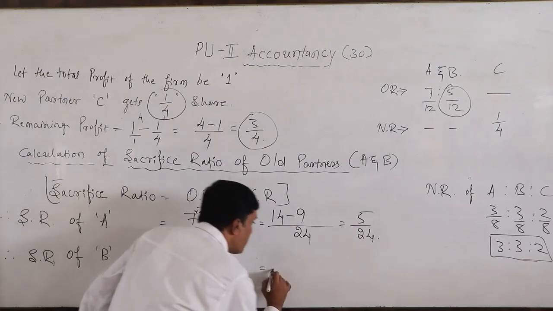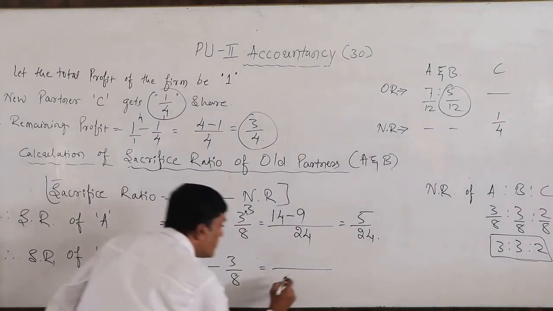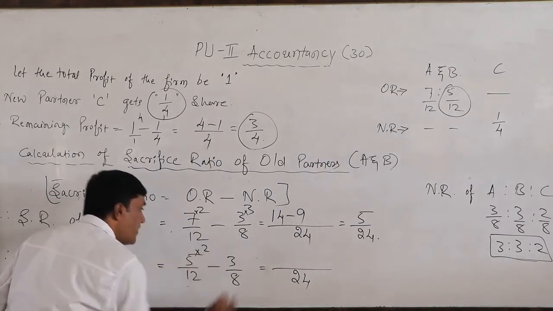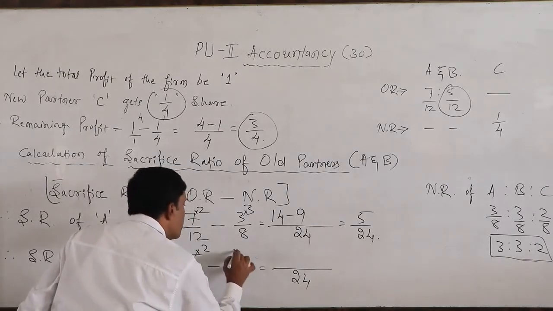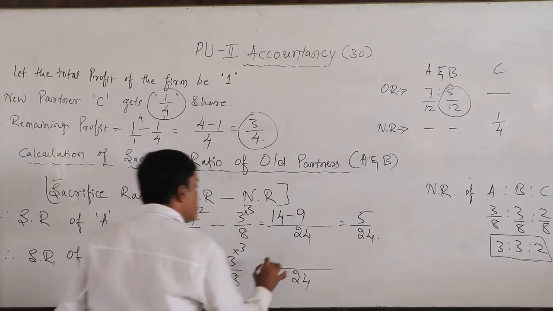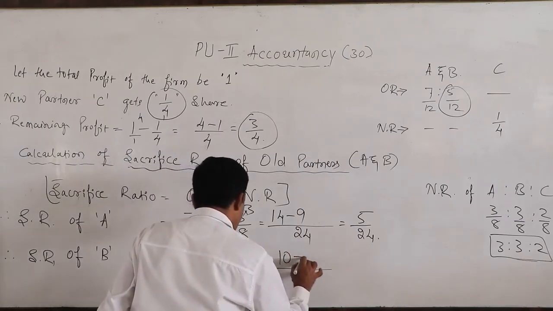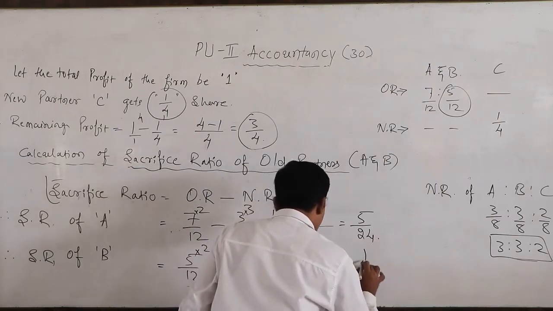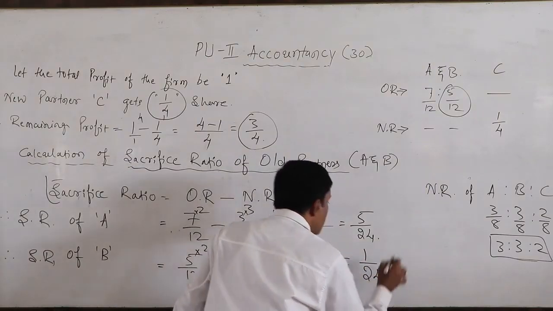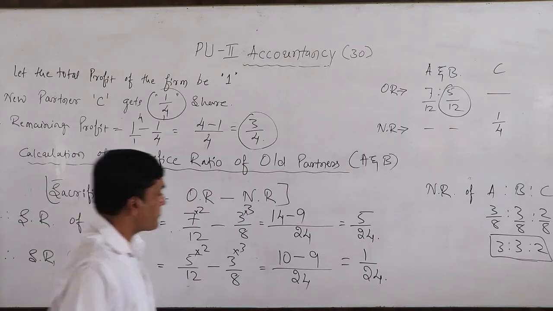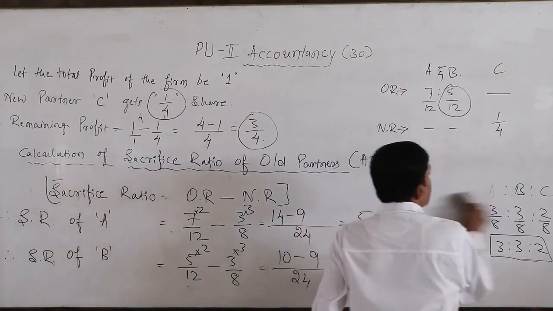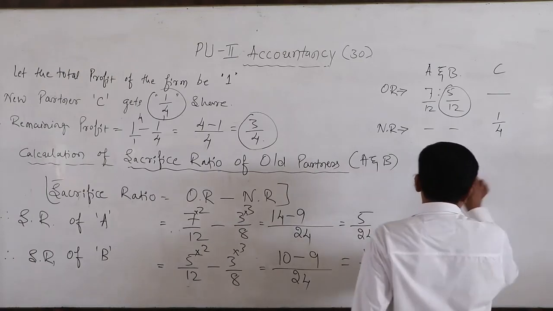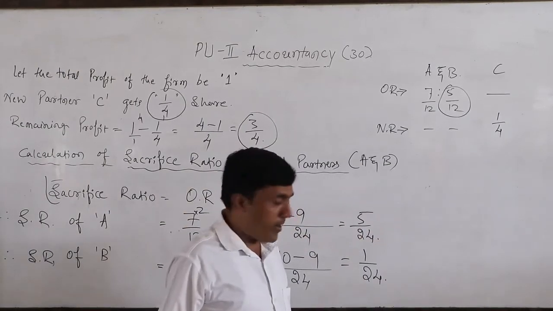Same, the LCM of 12 and 8 is 24. 12 2s are 24, 8 3s are 24, 5 2s are 10 minus 3 3s are 9 is equal to 1 by 24. As you all know, we are ascertaining the sacrifice ratio of old partners.